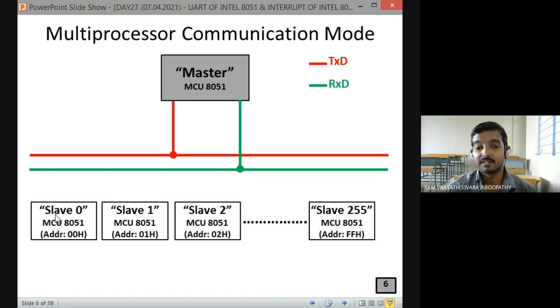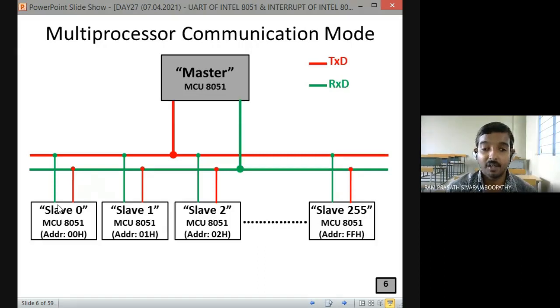Yes, receiver end. Very good. So it must be connected like this. நல்லா கவனிச்சீங்கன்னா தெரியும். Green color நான் என்ன சொன்னேன்? RXD pin. Master transmit பண்ணுது red color lineல. Where the slave got connected? RXD pin ல connect ஆயிருக்கு. Cross connect பண்ணணும். TXD of master must be connected to all slaves at RXD pin. Similarly, RXD pin of master must be connected at TXD of all slaves. Is it clear now up to this?